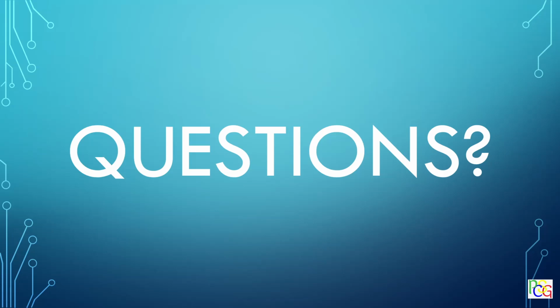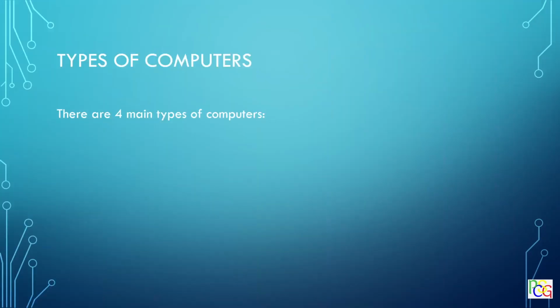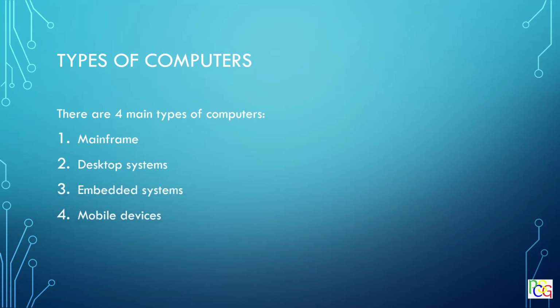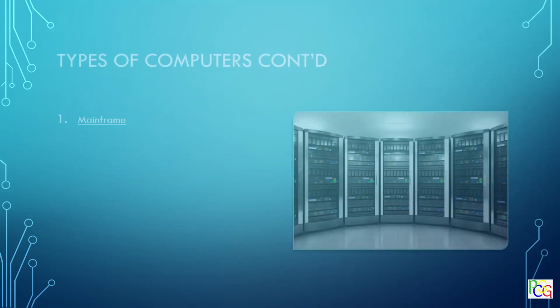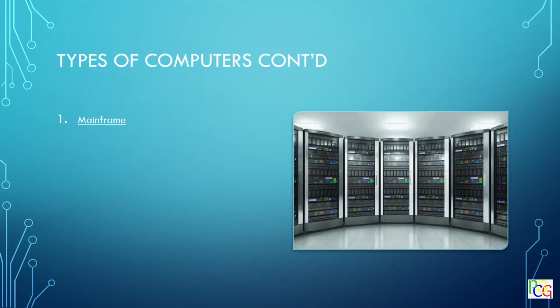Okay, so let's move on to the types of computers. There are four main types of computers that we're going to be looking at. These include mainframe, desktop systems, embedded systems, and mobile devices. So the first one we're going to look at is mainframe. That's a picture of one on the right. These are large capacity computers with several CPUs.